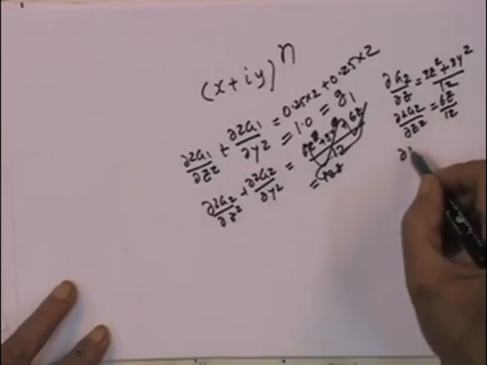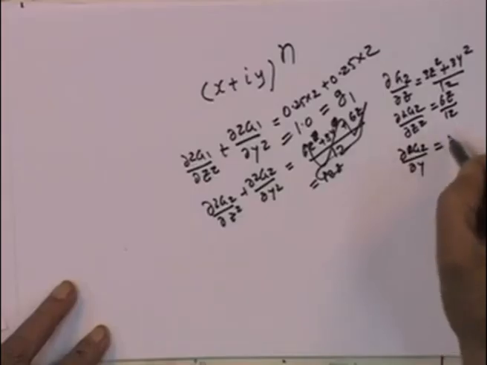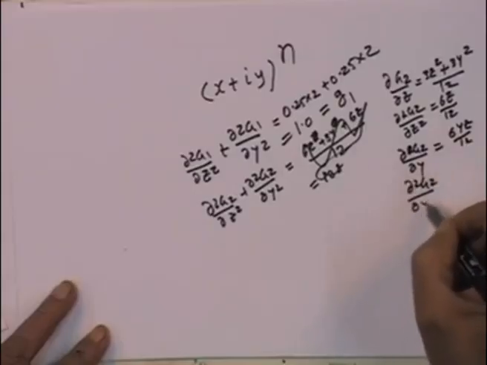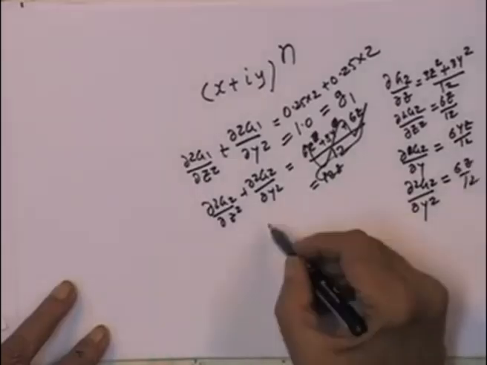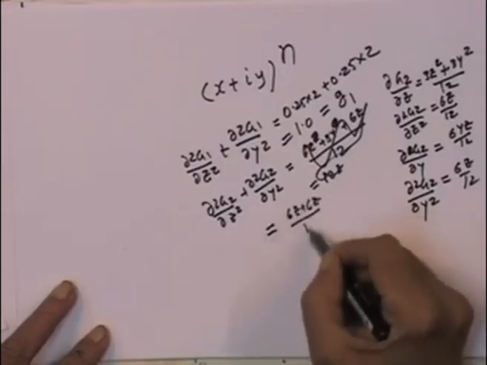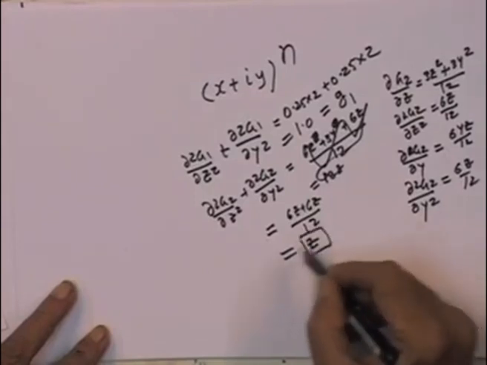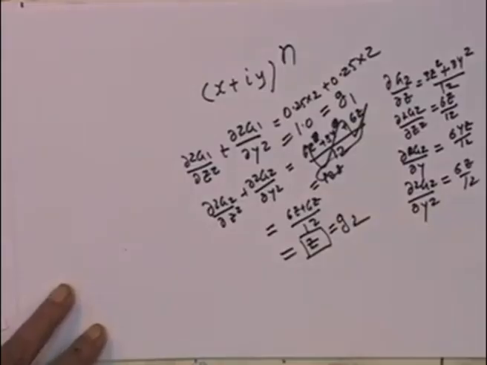Similarly, dg2 by dy would be 6yz by 12 and d2g2 by dy square will be 6z by 12, and therefore, this quantity would turn out to be (6z plus 6z) by 12 equal to z, and that is precisely what g2 was, if you will recall from our lecture number 16.